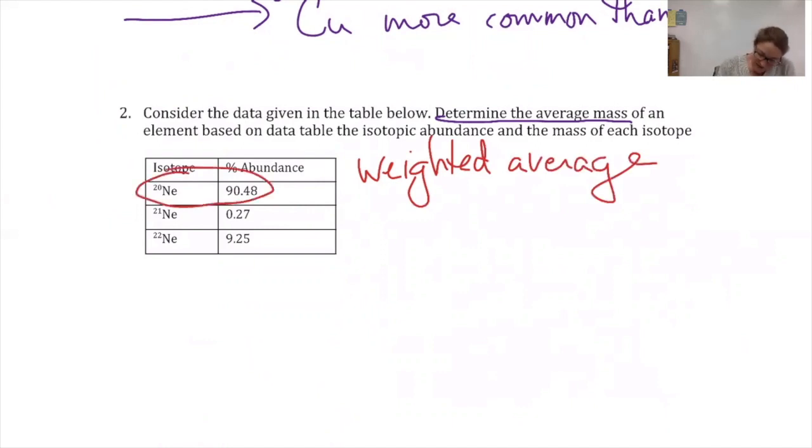I'm going to pair these two together. And I know that 90% of neon has a molecular weight of 20. So, adding to my average, I'm going to turn that percentage into a decimal and multiply by the weight of the first isotope.